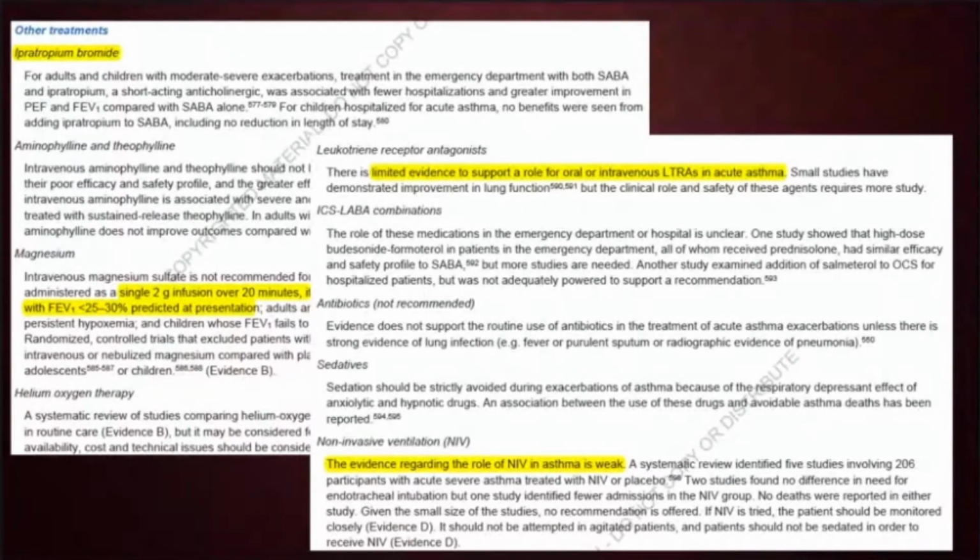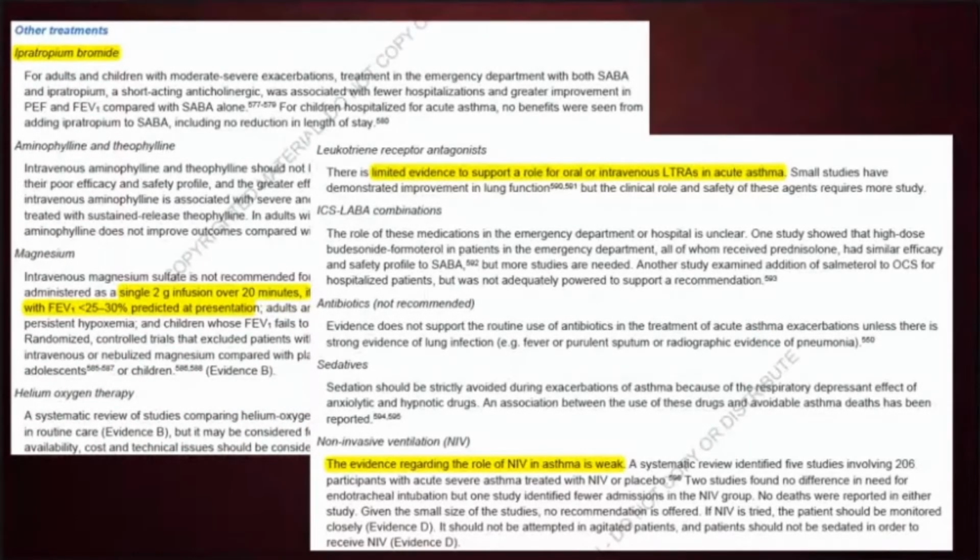In addition to oral steroids, we have parenteral steroids, we have IV magnesium, and there's mechanical ventilation that we can use. Again, that will all depend on the assessment that you do and the response to therapy. If the response to therapy is good, we can stick with short-acting bronchodilators with inhaled steroids plus oral steroids if needed. Okay, so that's it with acute exacerbation of bronchial asthma.